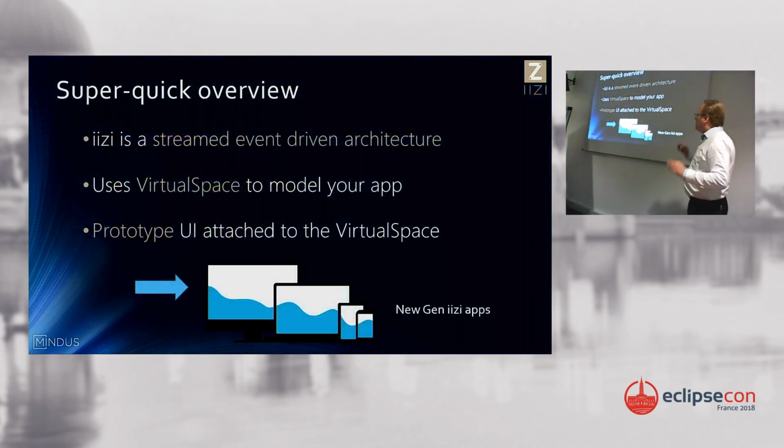So, super quick overview here. iizi is a streamed, event-driven architecture. It uses a VirtualSpace architecture or a VirtualSpace model where you actually code the application that runs in the server.